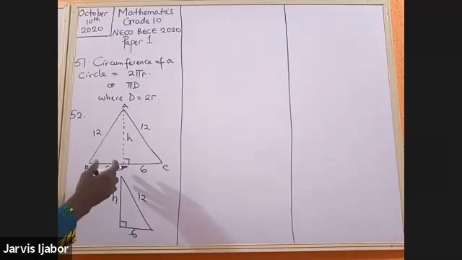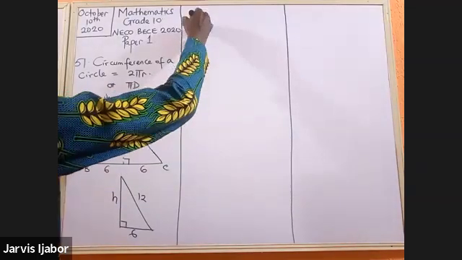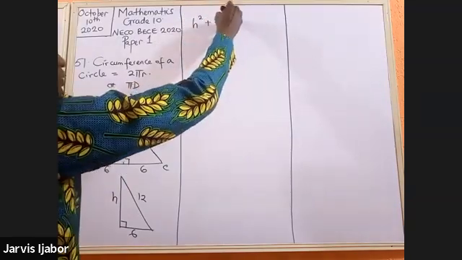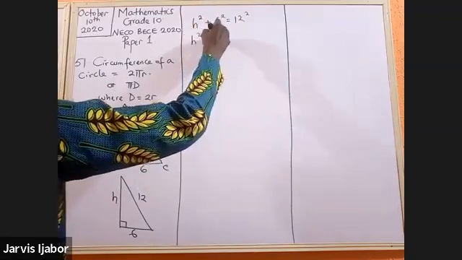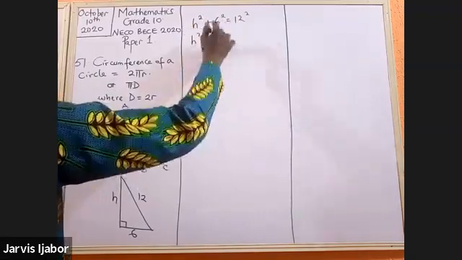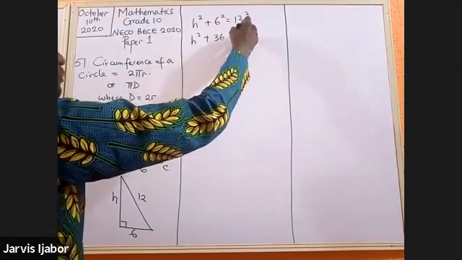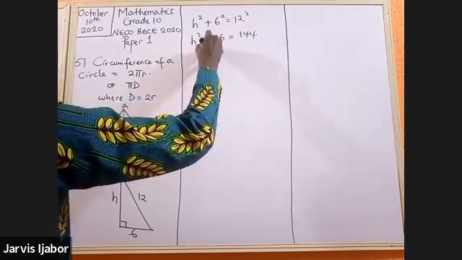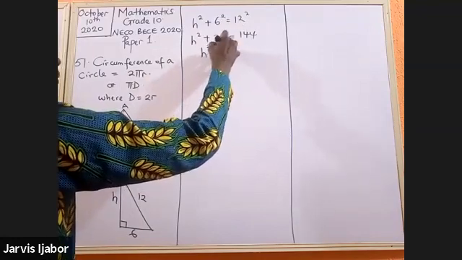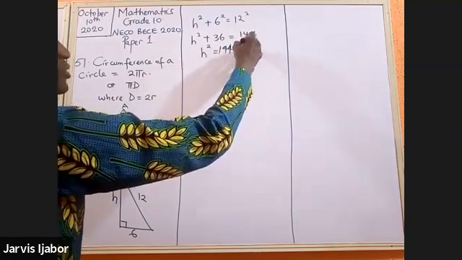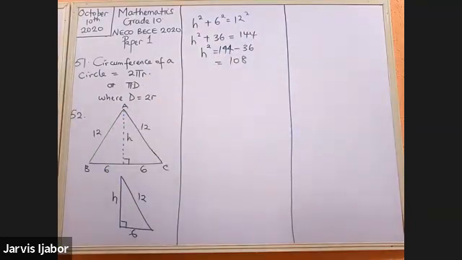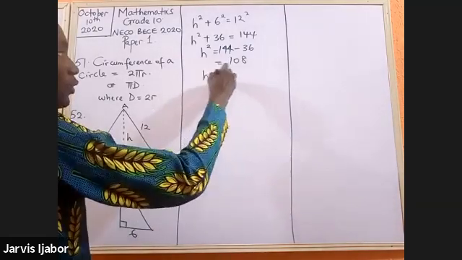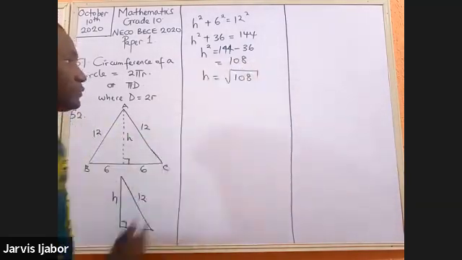And the only theorem that can help us handle this, because it's a right angle triangle, is the Pythagoras Theorem that says that h squared plus 6 squared will be equal to 12 squared. So that will mean h squared plus 36 will be equal to 144. h squared will now be equal to 144 minus 36. That will give you 108. So h will now be the square root of 108.